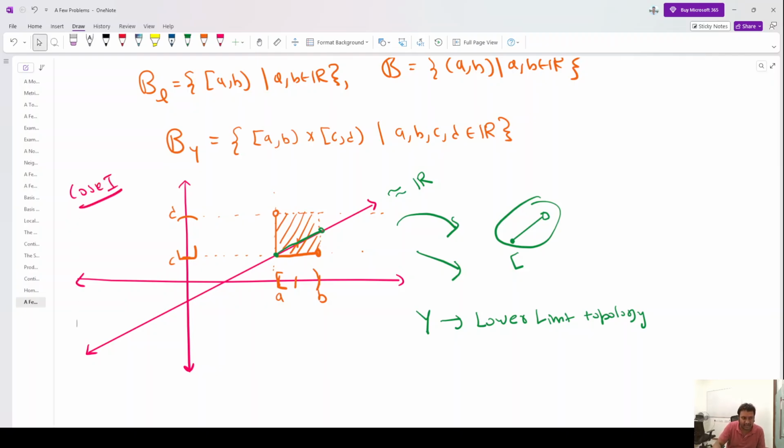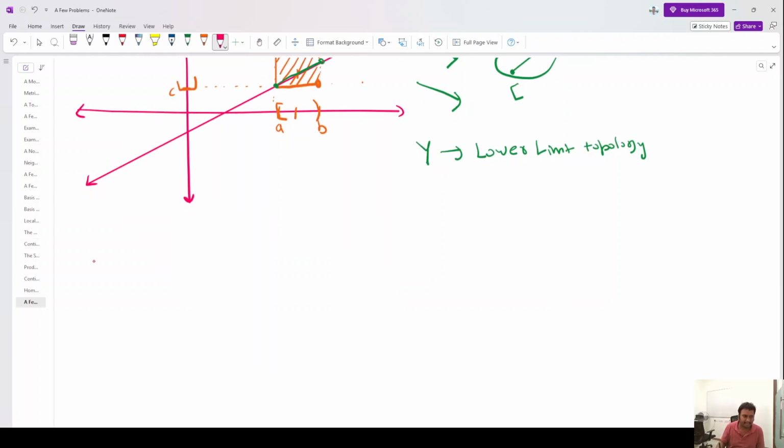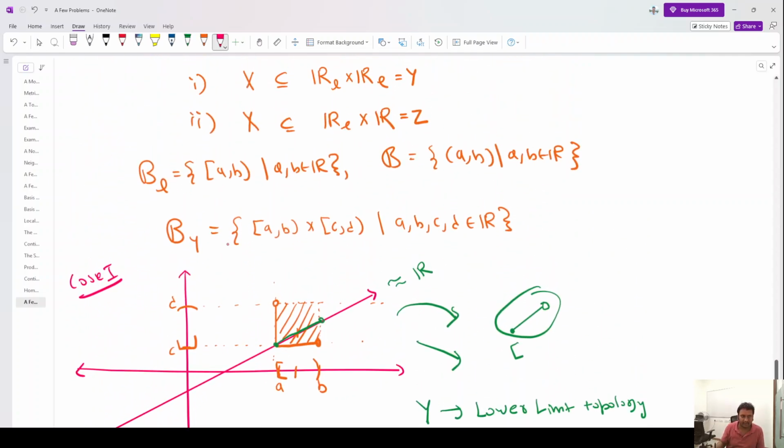So let's say you are taking line X and X has slope tan theta. So theta here is lying between what? 0 and this is less than what?